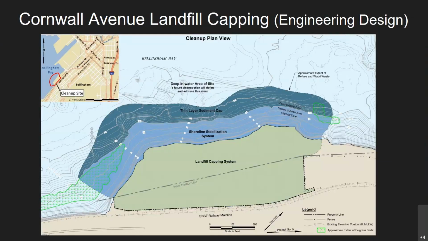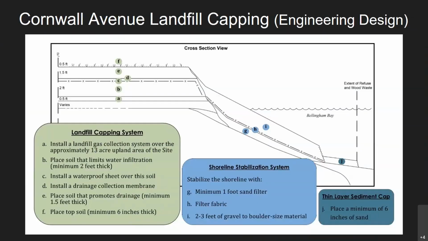And then as a part of this, that monitored natural attenuation that Eleanor was mentioning and Chris was describing will be used to supplement that process of adding different layers over in the water, and that's the blue portion here that you see, the G, H, and I labeled layers. Over the top of that will be deposited Nooksack sediment. So they're kind of giving it a jump start, and then there will be more added onto that as time goes on.